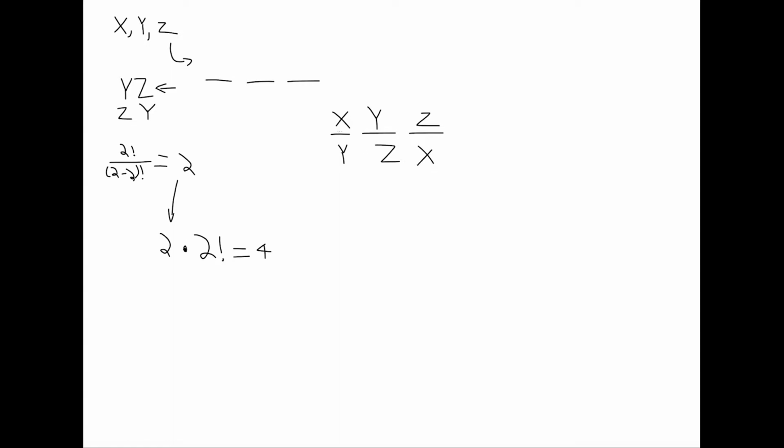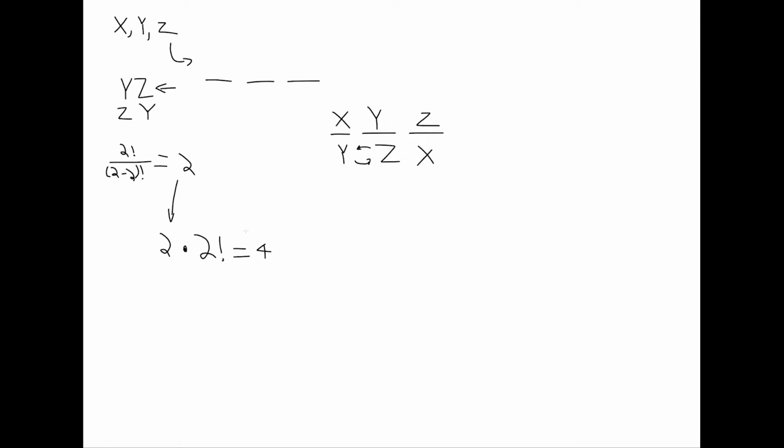Those are the only two permutations that work when YZ is together and it's always in the order YZ. Okay, but we can multiply the number of permutations possible here by the number of ways that this YZ can be rearranged in order to get the total number of permutations when we're not assuming that YZ will be in that particular order.